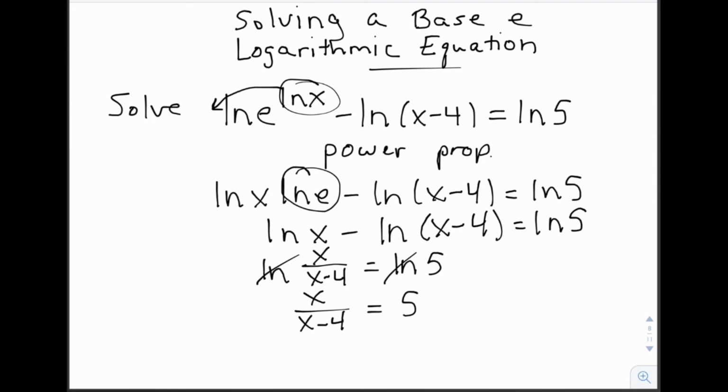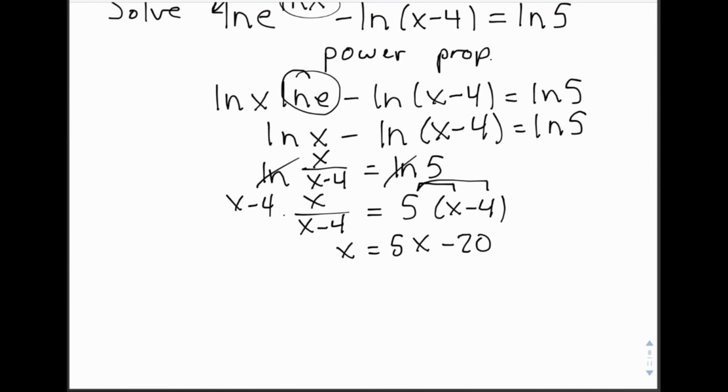So all we need to do now is multiply that x minus 4 out from the bottom. That leaves us with x is equal to 5 times x, so 5x, and 5 times negative 4, or negative 20. So let's go ahead and try to solve for x here.